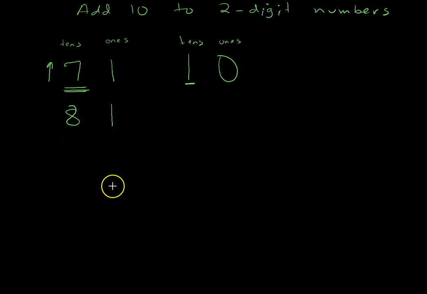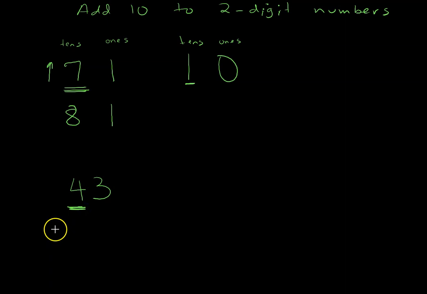Let's try another example. Let's say we have a number like 43. So we're going to be adding 10 to this number. Like I said earlier, we're going to pay attention to the digit in the tens position. That is going to be number 4 right here.